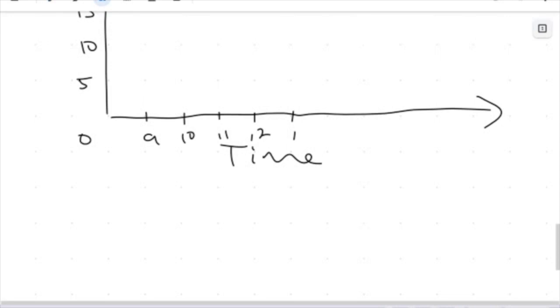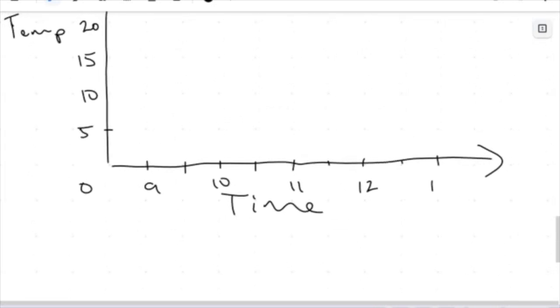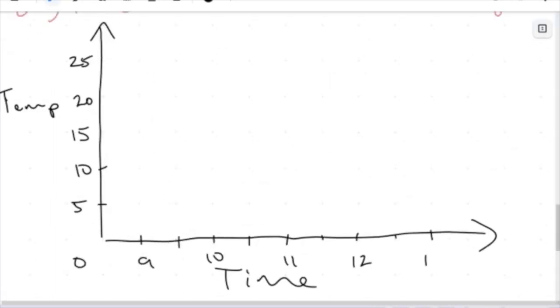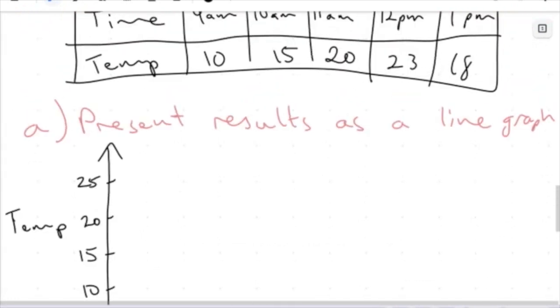Let's actually scale this a little bit. A bit better. So we'll go 9, 10, 11, 12, and 1. Okay, cool. So I want to take my bits of information and represent my data on this line graph.